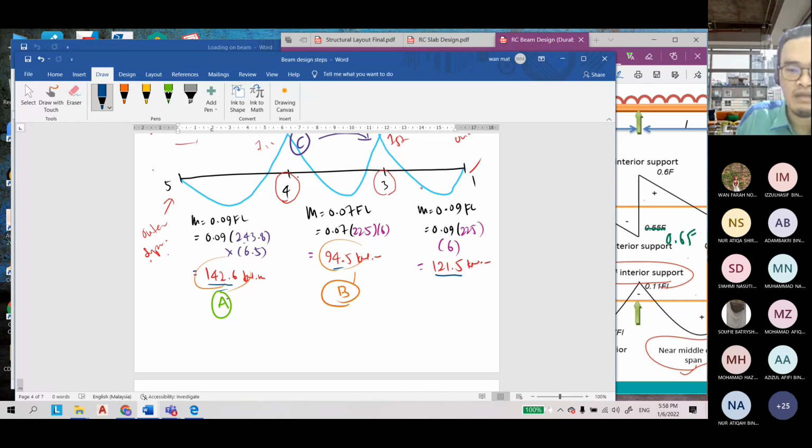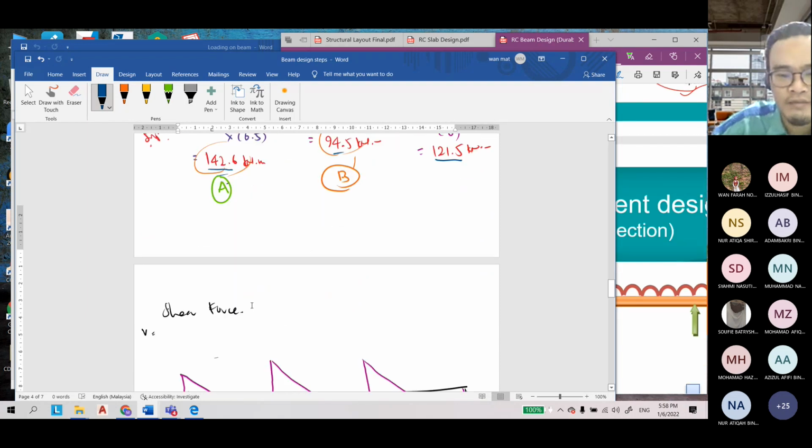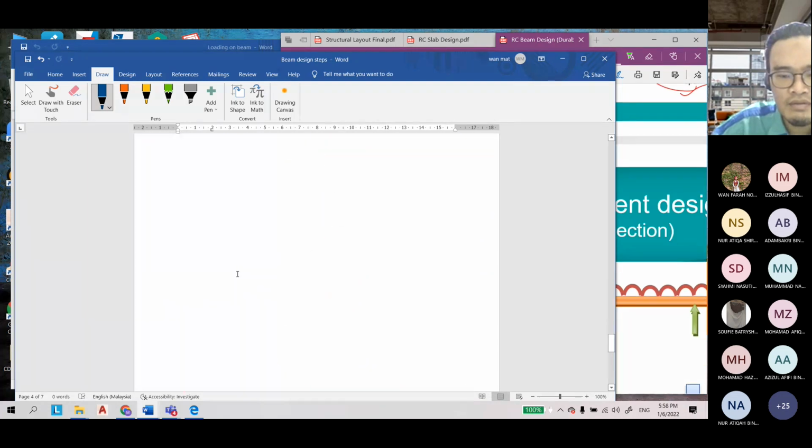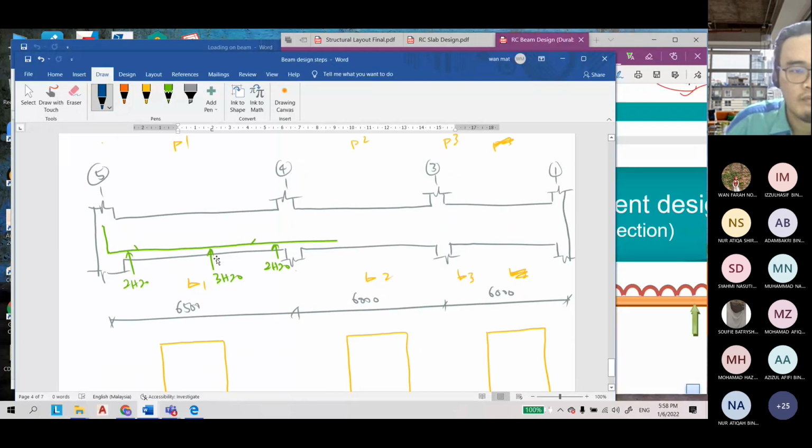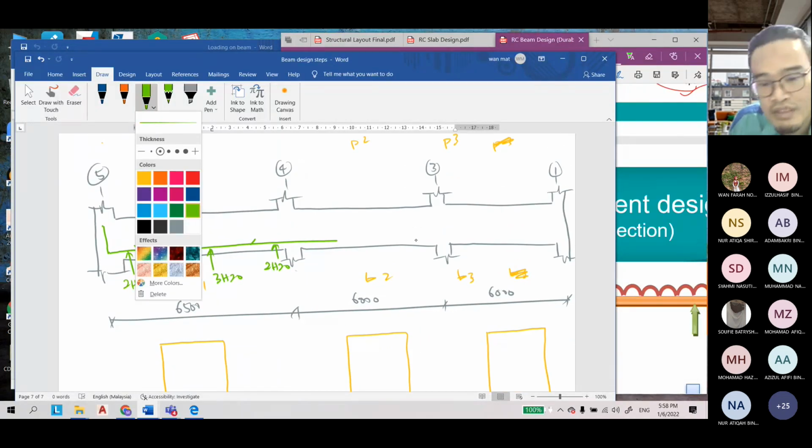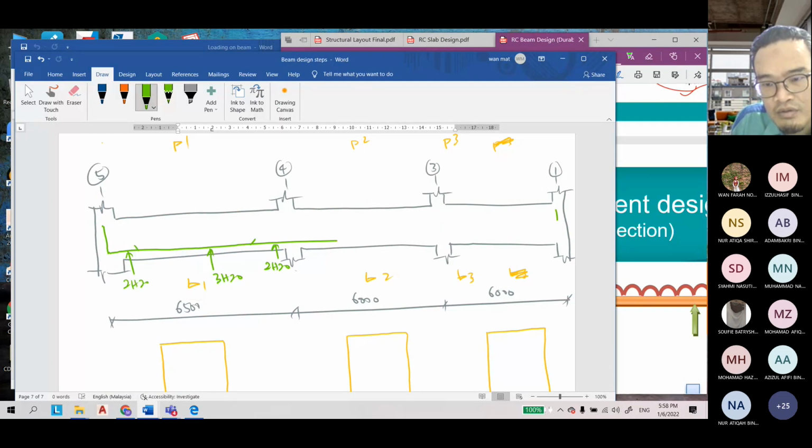So span 3 to 1 will also use A design. You can calculate to prove it. But I want to do the smarter way. This one here, 3 to 1 is here. Here is 3H20. Here is 2H20.